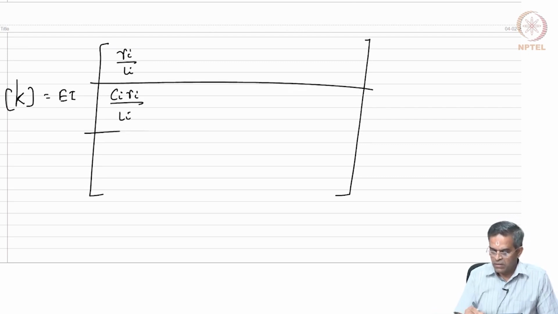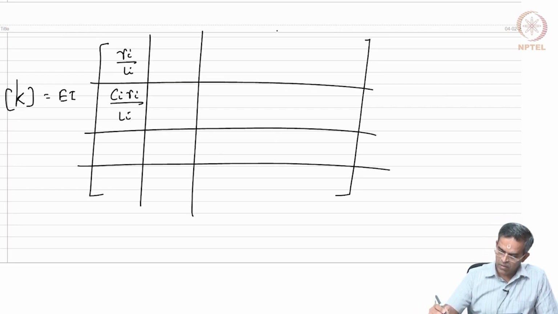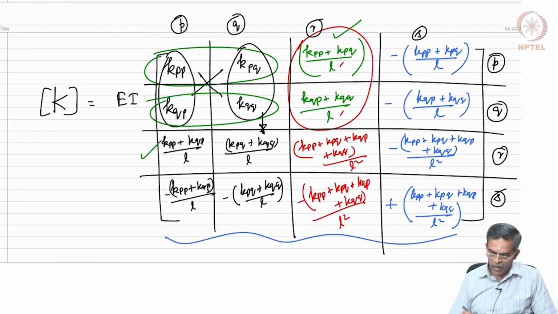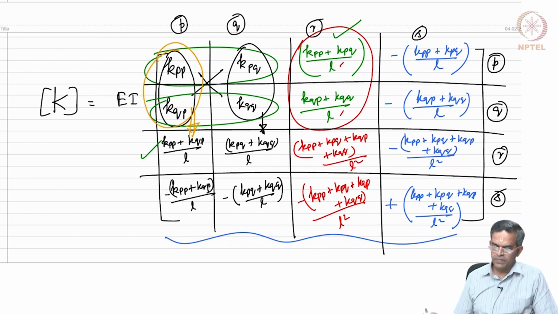Let us, okay. Then I am using the same logic. See here how we wrote this. Sum of these two by L was this, and this is negative of this, is it not? That is what we did.